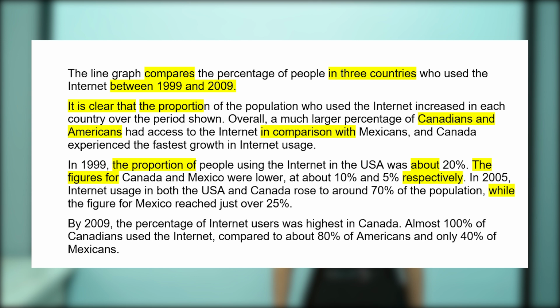Here we have a bit of a complex sentence. However, it was understandable for the reader which percentage is related to which country: 100% is Canadians, 80% is Americans and 40% is Mexicans.